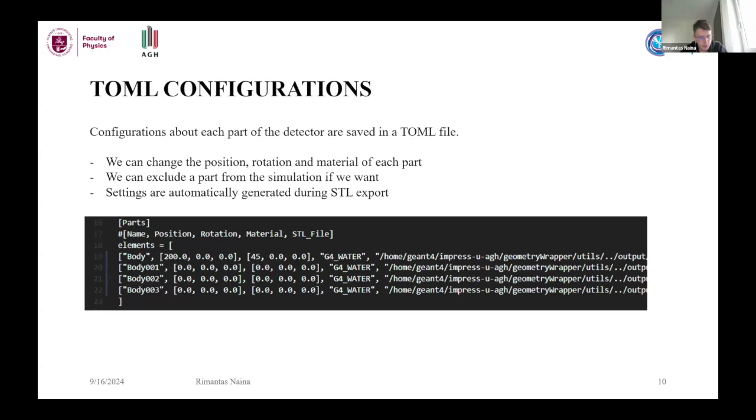To make it simpler for the user, the settings are automatically generated by the Python script during the STL file exporting, so the user doesn't have to include the files manually. And the files are exported in a way which makes it so that setting the position to all zeros makes the detector appear in the simulation exactly as it does in the FreeCAD model.